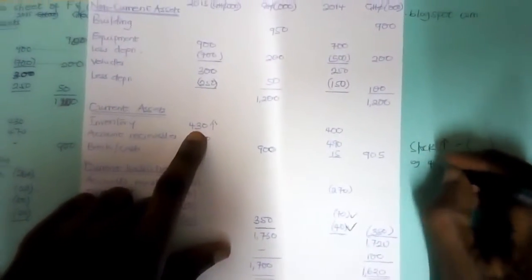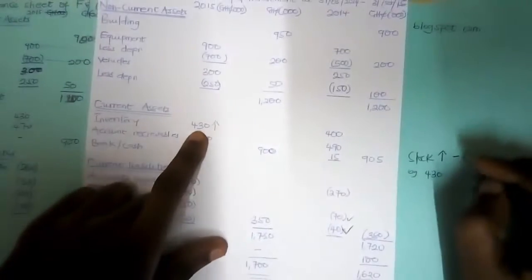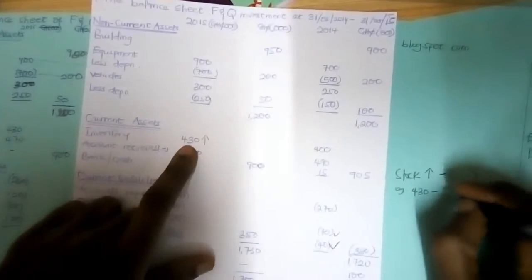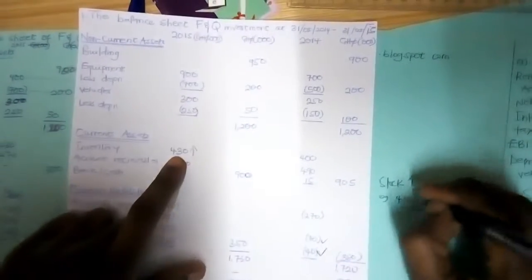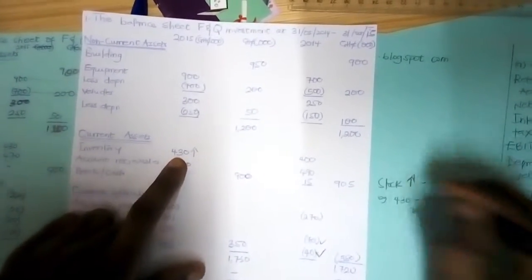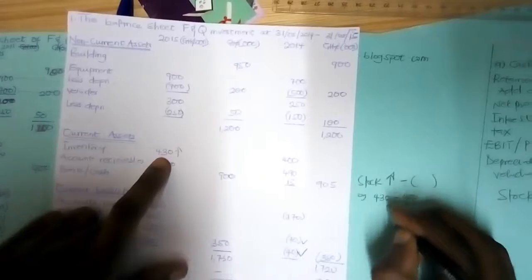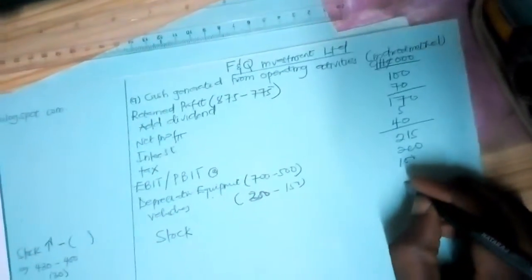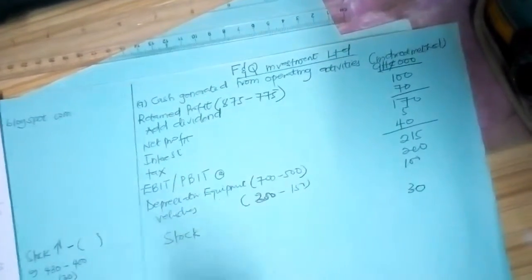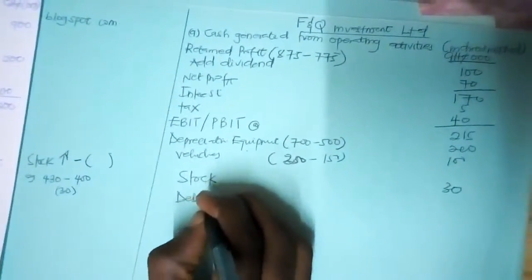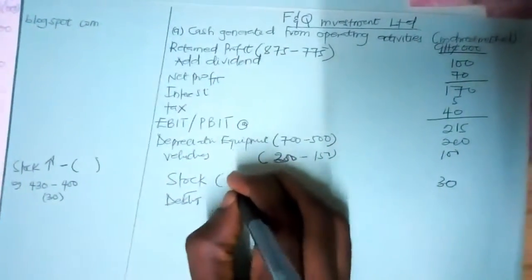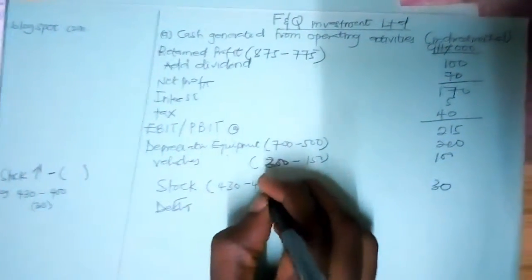Our inventory here, the current year is 430, and we are taking our previous year, which is 400. The normal circumstance is supposed to be 30, but because our current year is up, the rule says that you subtract, so the 30 will be in subtraction. So we subtract stock, which is 30.